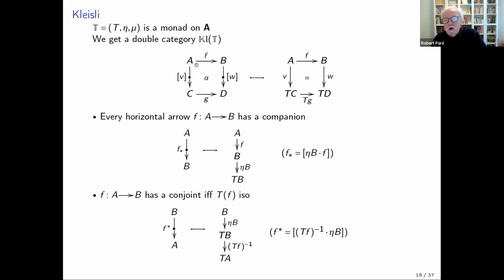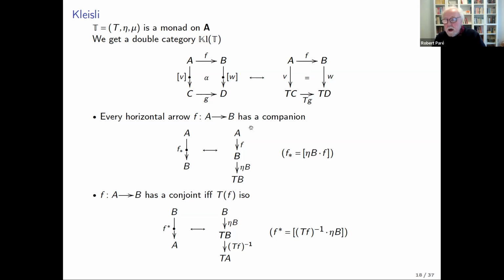So the horizontal morphisms are just the morphisms of A, but the vertical morphisms are Kleisli morphisms. So a morphism from A to C in this double category here is a morphism in A from A into T of C. And there's a unique cell here if and only if this square commutes.